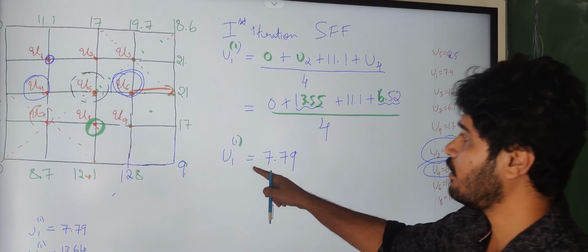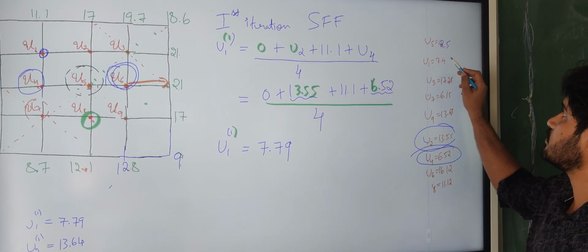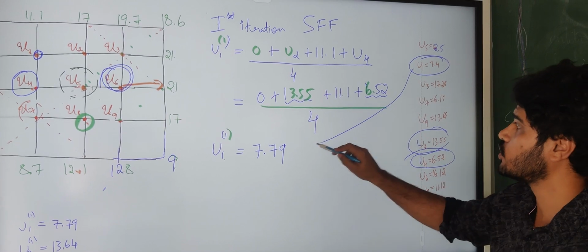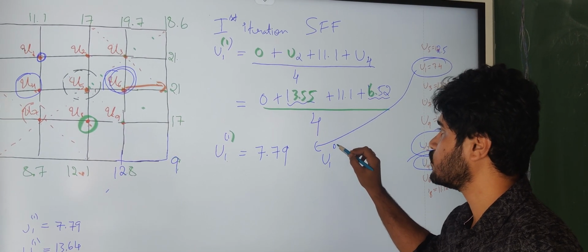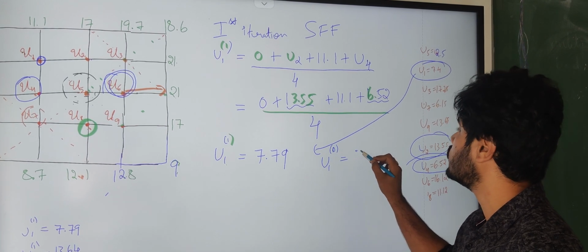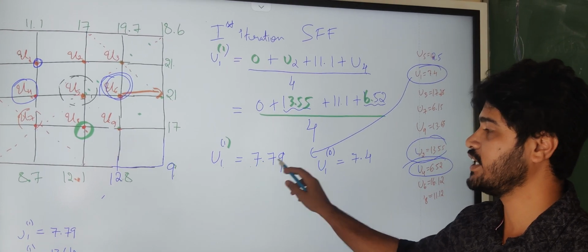So now I have two values for u1, one is 7.79 and one more is 7.4. So initially the value of u1 is equal to 7.4 and the latest value I have for u1 is 7.79.